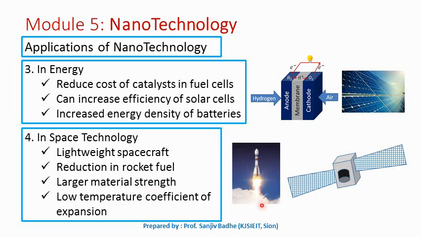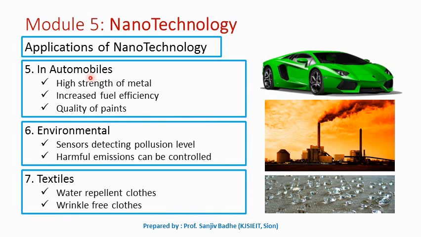Increase in efficiency of solar cells is used in nanotechnology. We already discussed that in the energy sector nanotechnology has an application, and this solar cell application can also be used in spacecraft and satellites. In the automobile industry, there are a number of applications of nanotechnology.